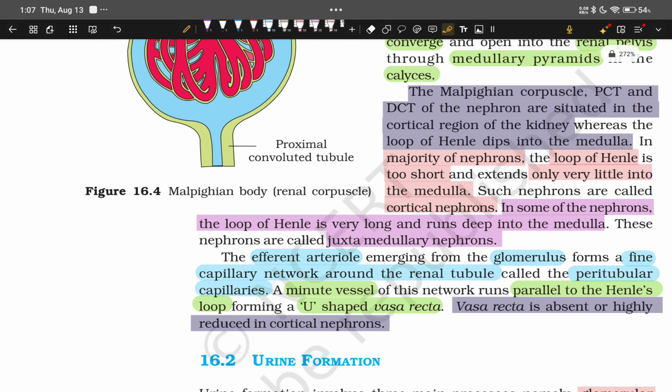Then let's talk about the next paragraph, which says that Malpighian corpuscle, which is Bowman capsule plus glomerulus, PCT, DCT of nephron, all are situated in cortical region of the kidney, whereas loop of Henle dips into medulla.